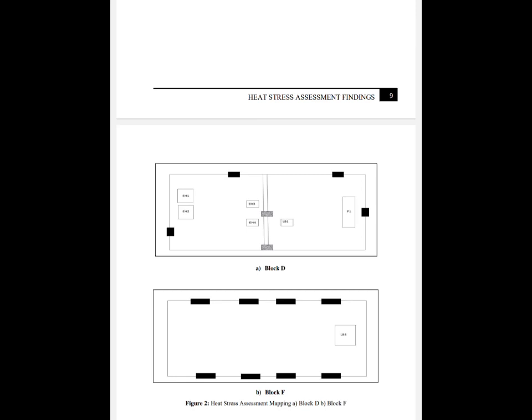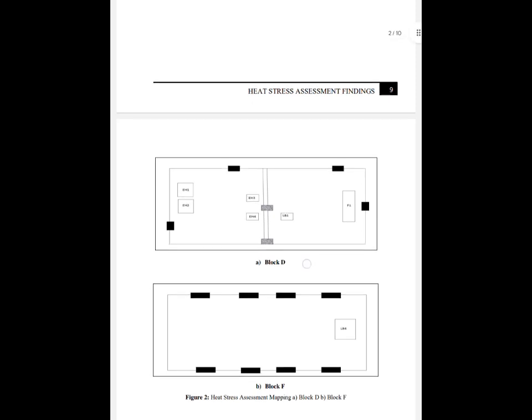Here we can see where EH1 and where LB4 are. In block D we can see EH1 is here, and in block F we can see LB4 is here. However, through this mapping, they don't give us the idea of what the heat sources are around EH1 and also LB4.